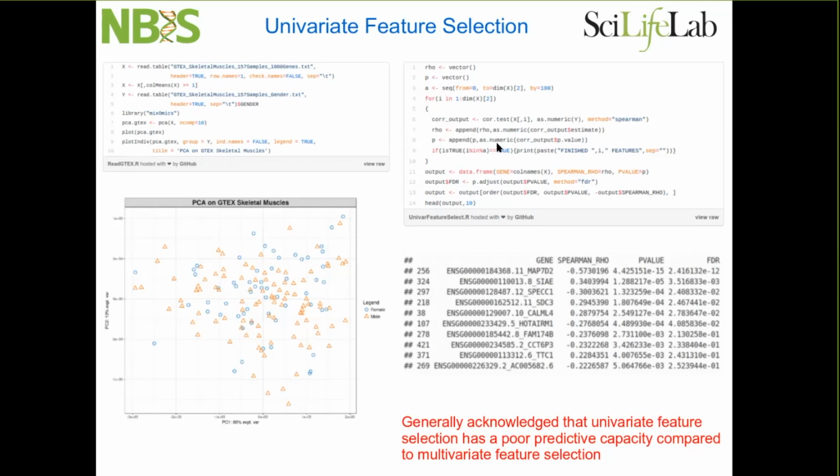The reason why people very often use multivariate analysis is simply that it's more robust in terms of prediction. Multivariate analysis generally has a higher predictive capacity compared to univariate analysis.